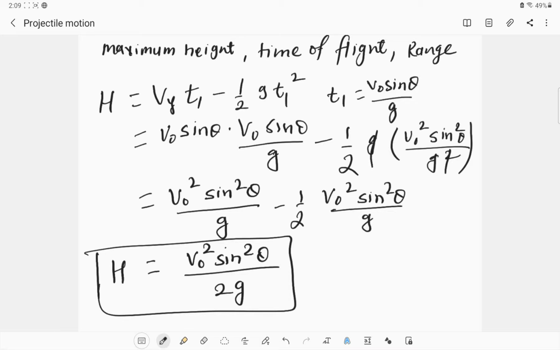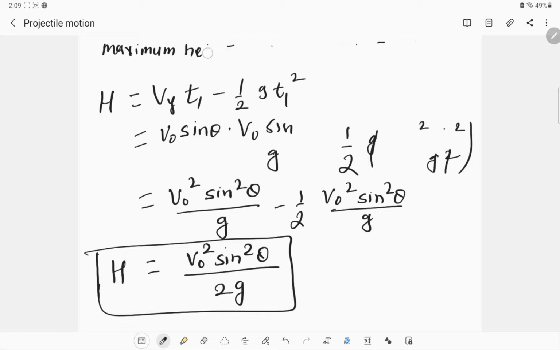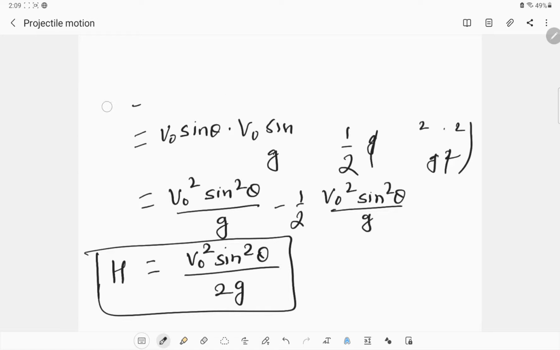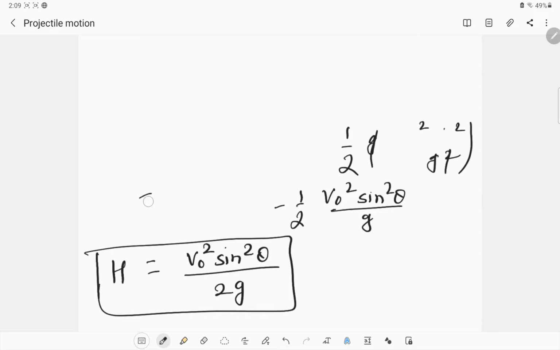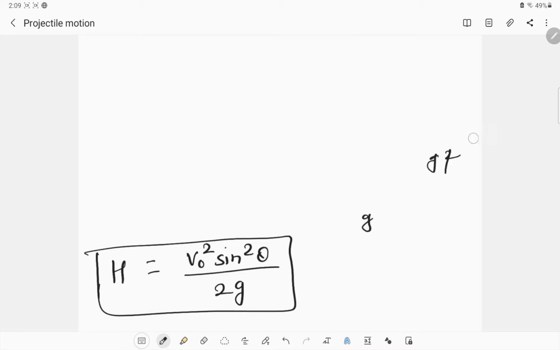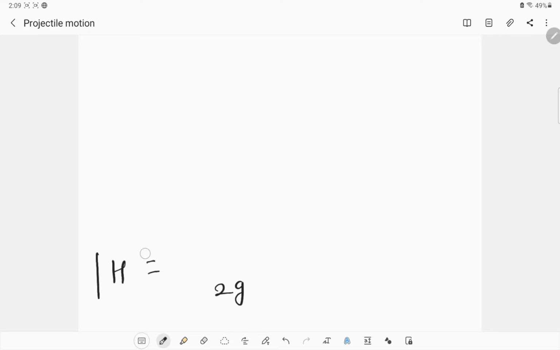So after you get the maximum height, let us find what is the time that the projectile spends in the air. How much time could it remain in the air? So you know t1, that is the time to reach maximum height, right?